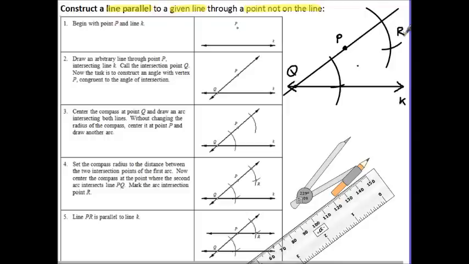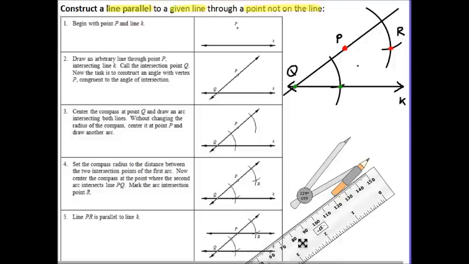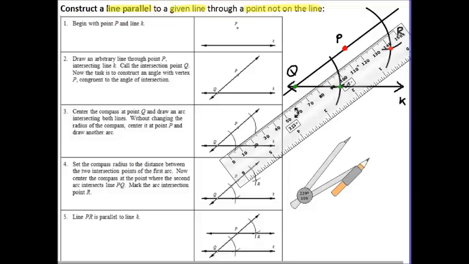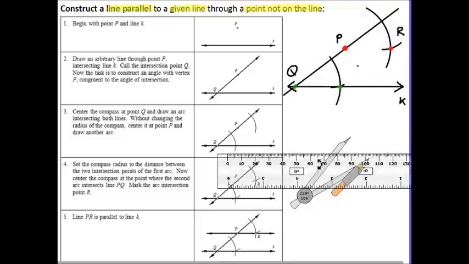And essentially, look what we have now. We have our original given line with 2 points on it. And we have now, with our construction, created 2 more points, or rather, P was already given, but we have created point R. And now we're going to connect these 2 points with a line, and that line is going to be parallel to our originally given line.